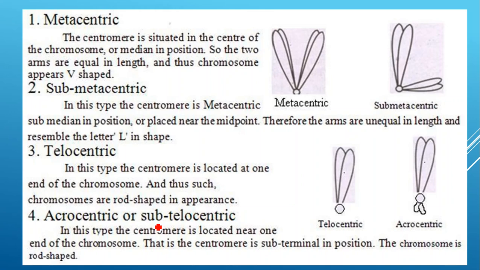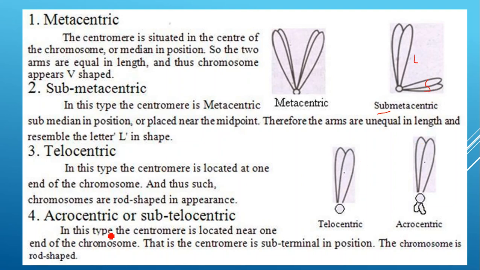When it is present at nearby center, the condition is called metacentric. Okay, and when it is quite away from the center, the condition is called submetacentric. You can see these arms are almost similar in size, and here these arms are different in size. This one is the larger one and this one is the shorter one, right?